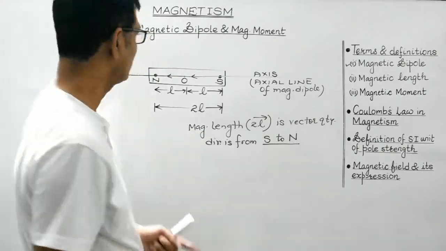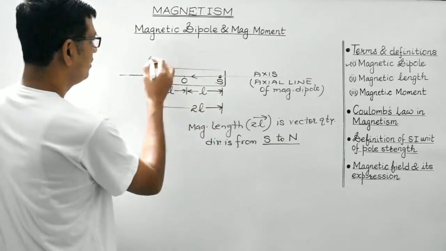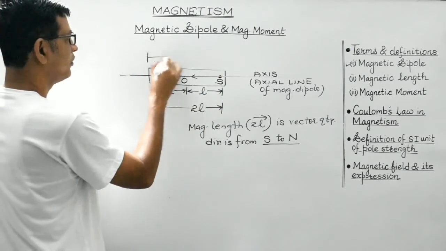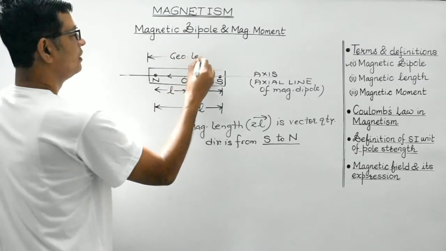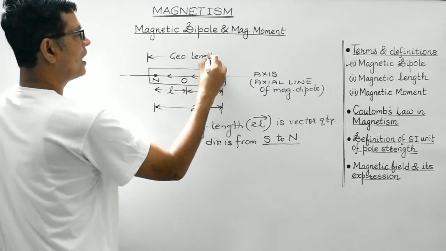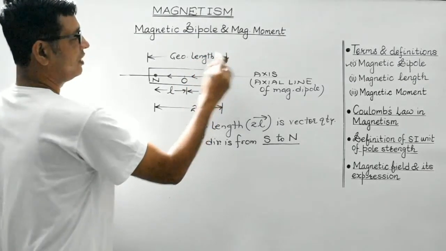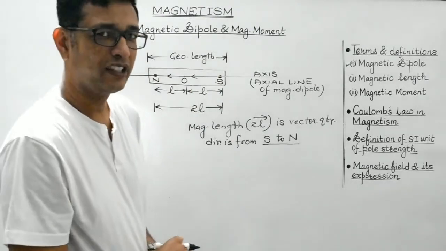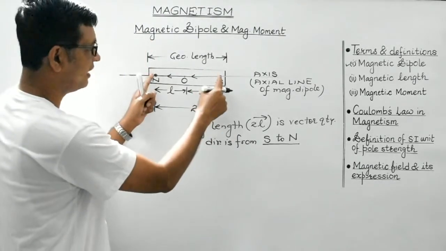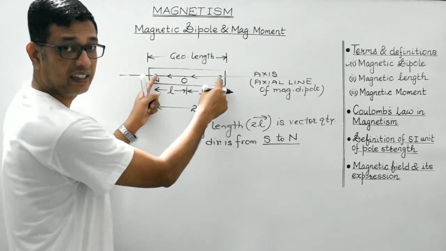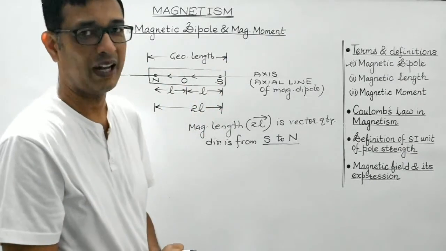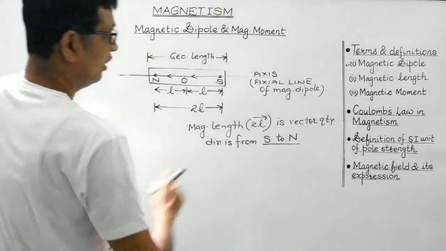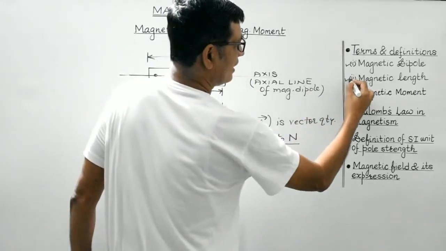And remember, students, this is the magnetic length, while the distance between the end points of a bar magnet is the geometrical length. And it is obvious that the magnetic length is always less than the geometrical length of the bar magnet. Right? So, we are over with magnetic length as well.